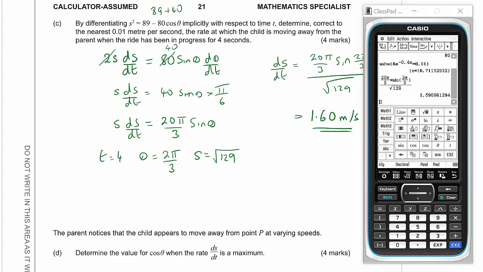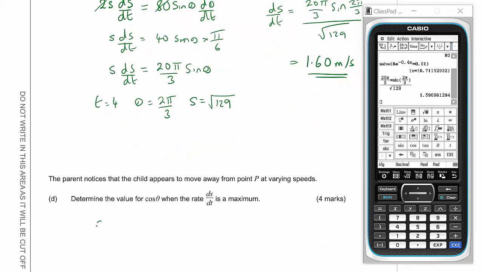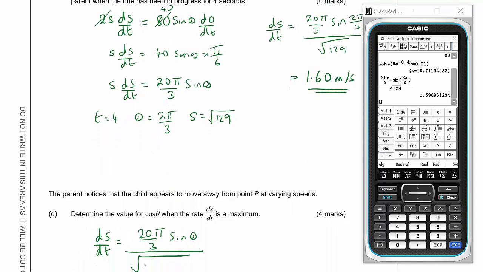So finally, we want to determine the value for cos theta when the rate of ds dt is the maximum. So from above, we have that ds dt is going to be 20 pi by 3 sine theta over s, which of course is the square root of 89 minus 80 cos theta.